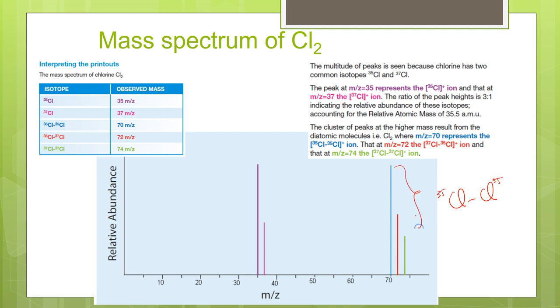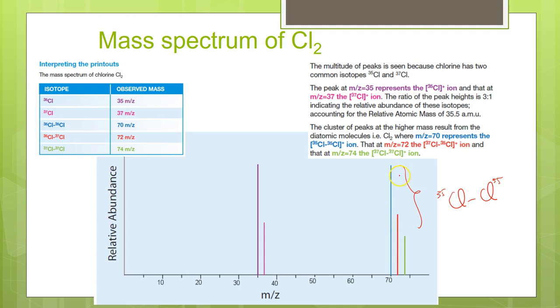So this is essentially here something that we see when we have halogens, in that we get an isotopic pattern in our parent ion as well. So these three peaks at the top here actually represent the parent ion, but they're three different parents because we have the blue one here, which is two chlorine 35s, the green one, which is two chlorine 37s, and then this red one here, which is a chlorine 35 and a chlorine 37.